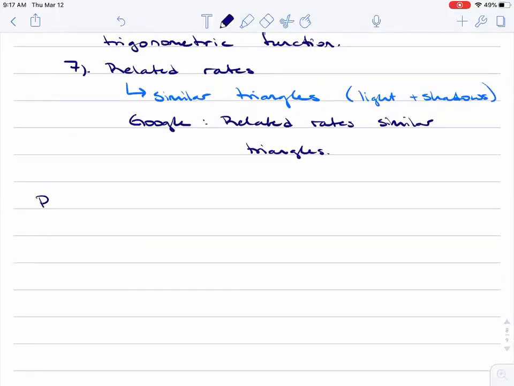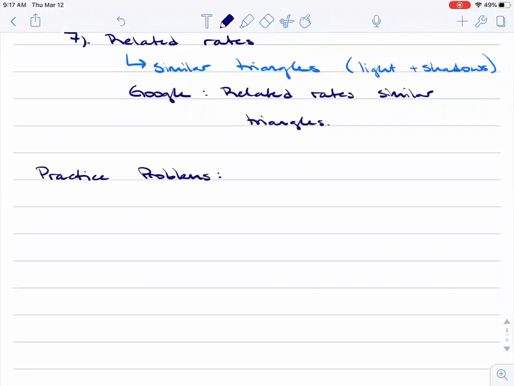All right, so let's do some practice problems. Implicit differentiation.